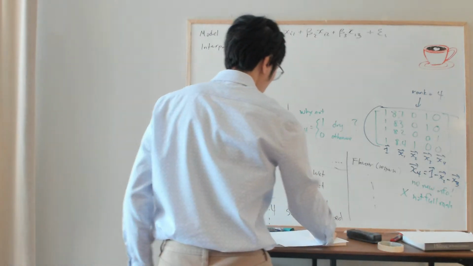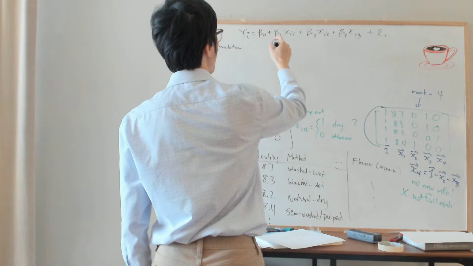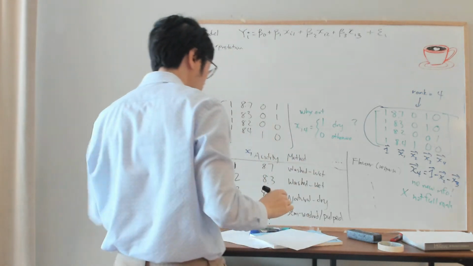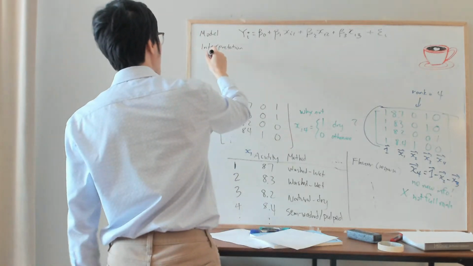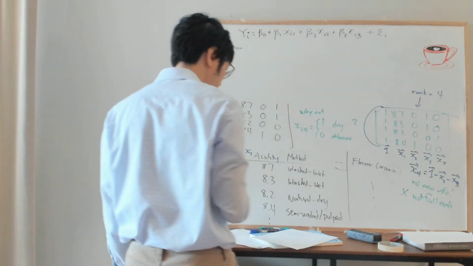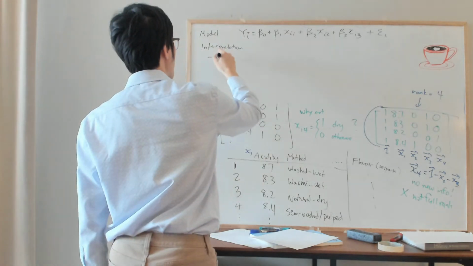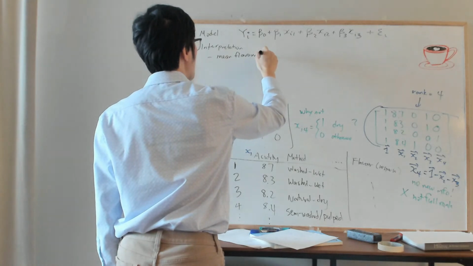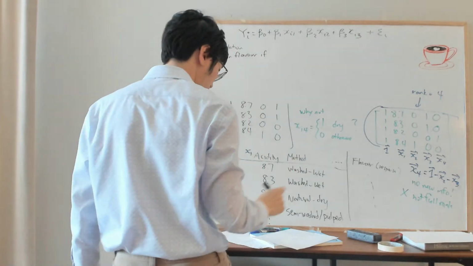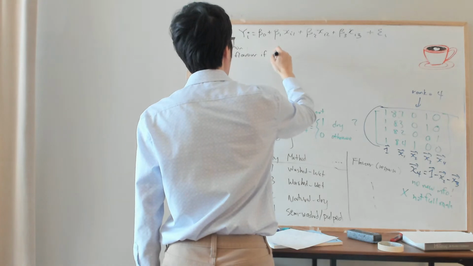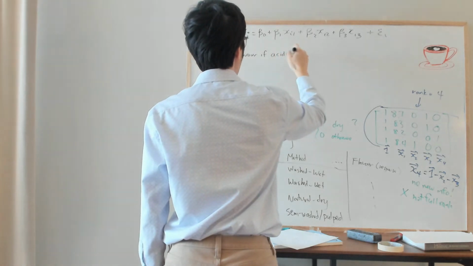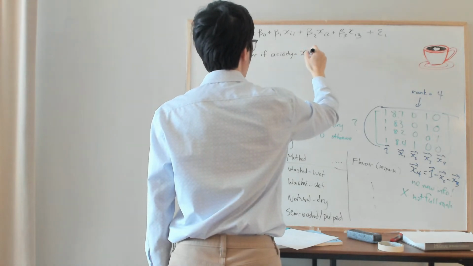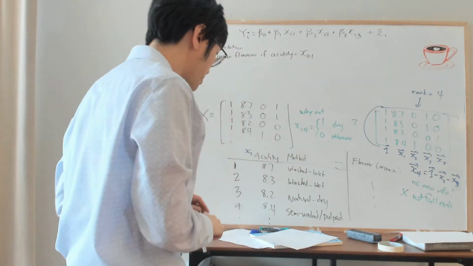Okay, so let's focus on the regression part. So for example, if I said, what is the mean flavor, so that's the response, if acidity is, let's say, okay, let's plug in some value, let's call it x01.